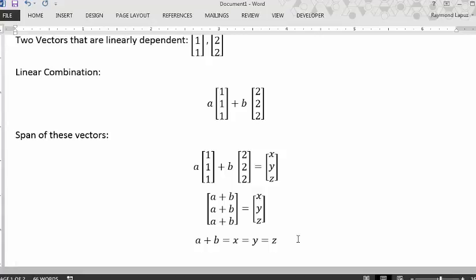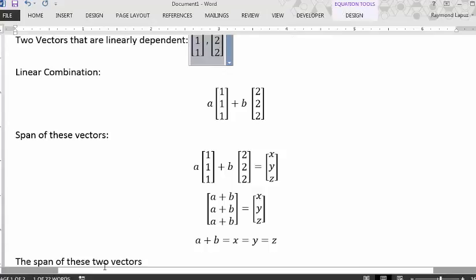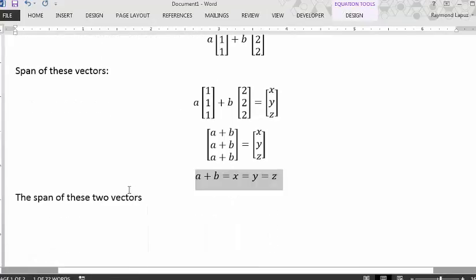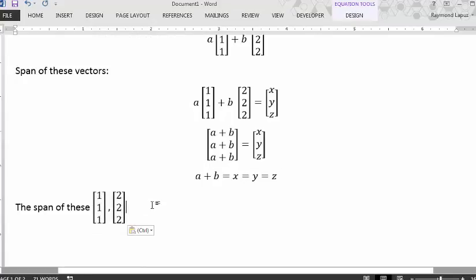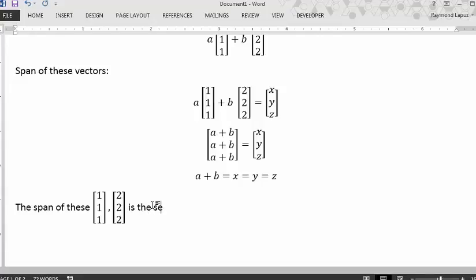So we can say the span of these vectors, I guess we can specifically say which two vectors we're talking about. The span of these two vectors is the set.